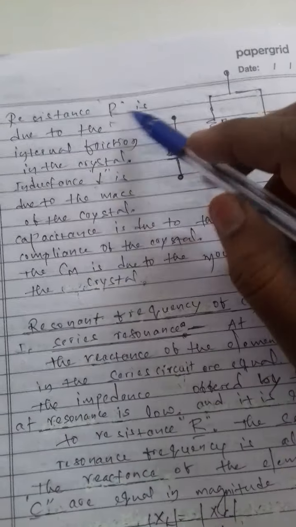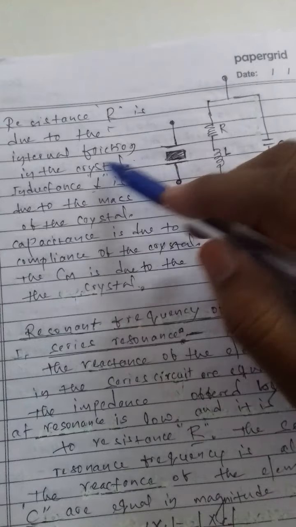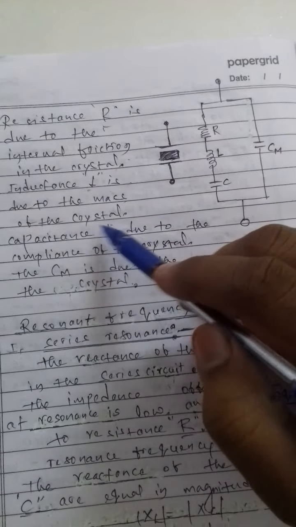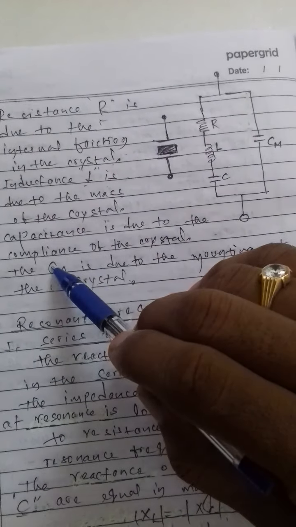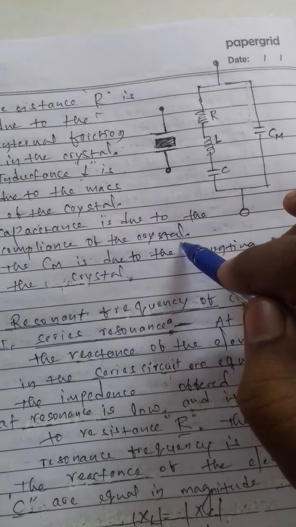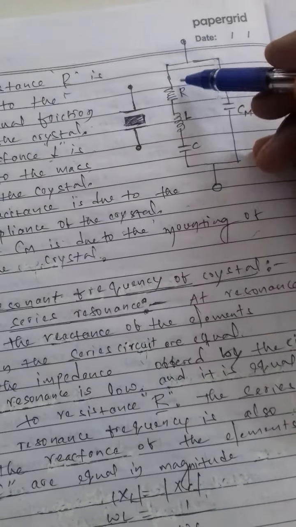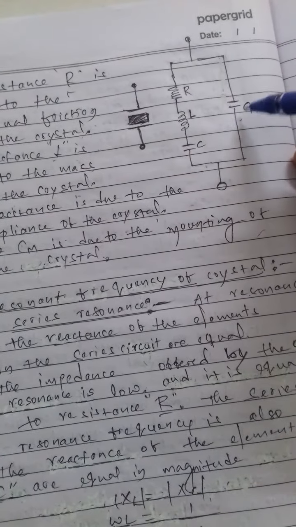Resistance R is due to the internal friction in the crystal, inductance L is due to the mass of the crystal, and capacitance C is due to the compliance of the crystal. The Cm is due to the mounting of the crystal.